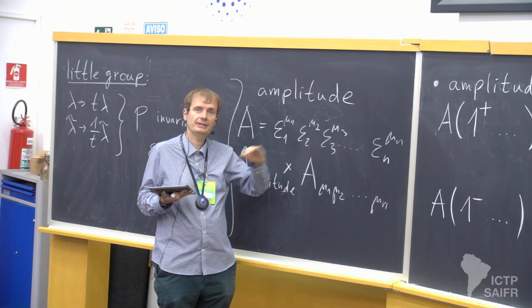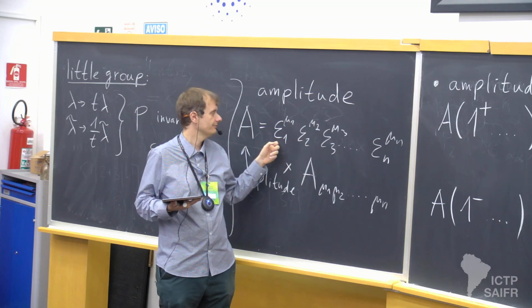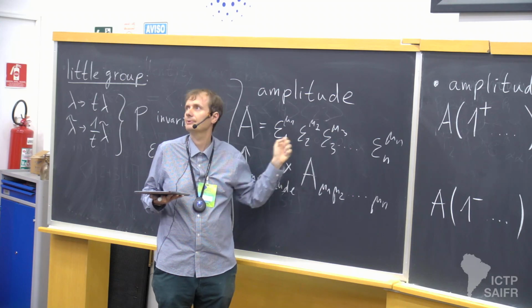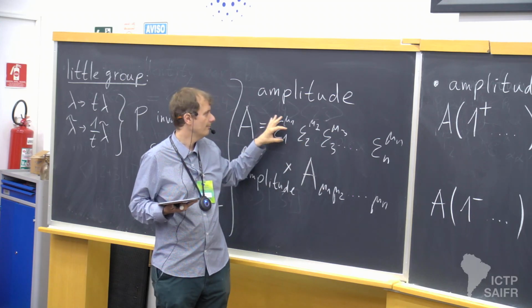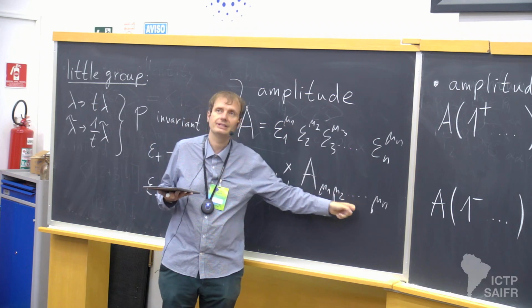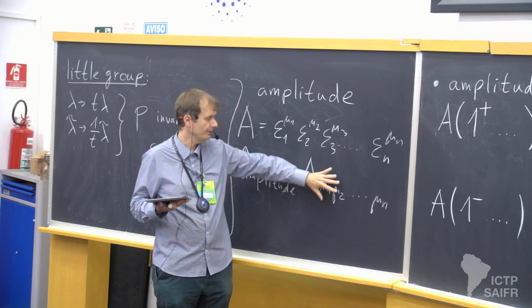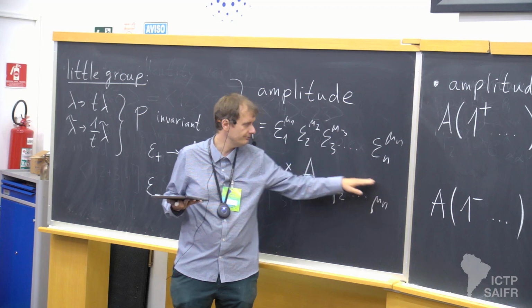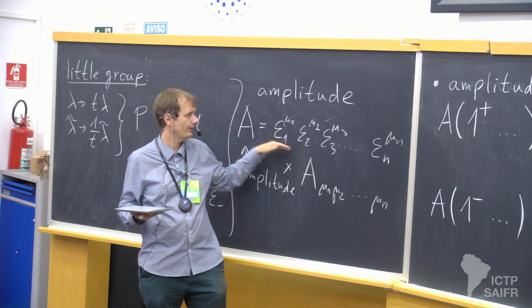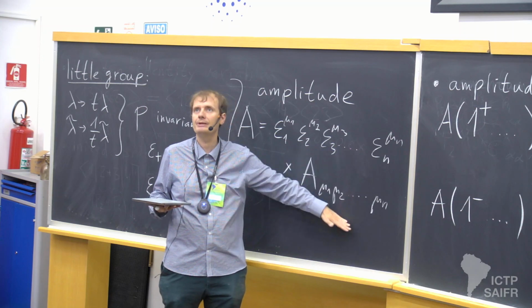For scalars you get nothing, you get just 1. Then you have the fermionic functions or the polarization vectors, polarization tensors, and so on. But for each external state, you get one, and then it's contracted with something here. But the point was that this object was built only from momenta, nothing else. We have momenta and polarization vectors. Polarization vectors we factored out. We have only momenta.